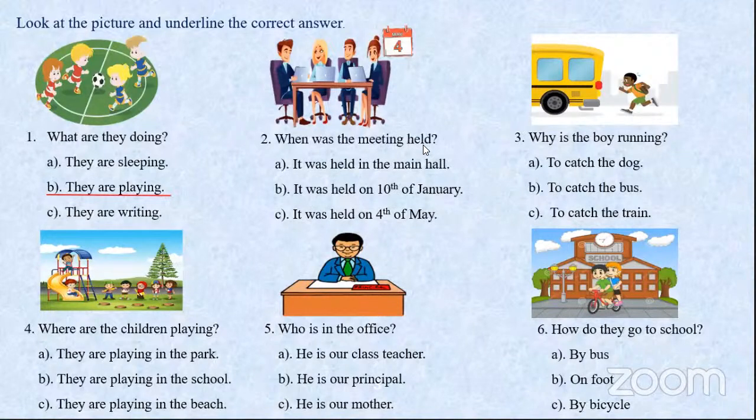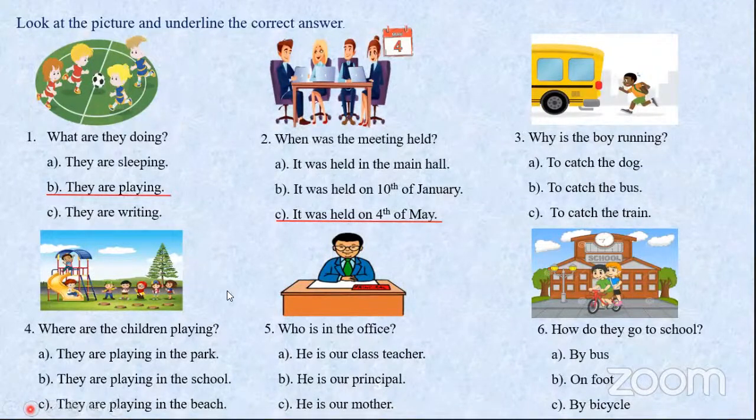There are three answers: it was held in the main hall, it was held on 10th January, it was held on 4th May. According to this calendar, the meeting was held on 4th of May. So the answer for the second question is the third one.